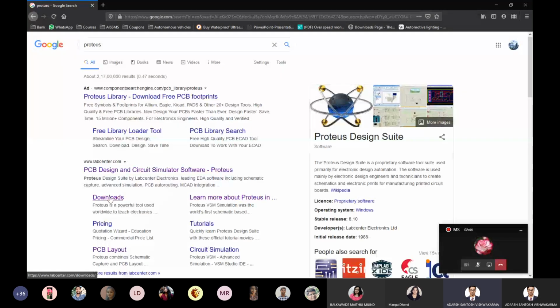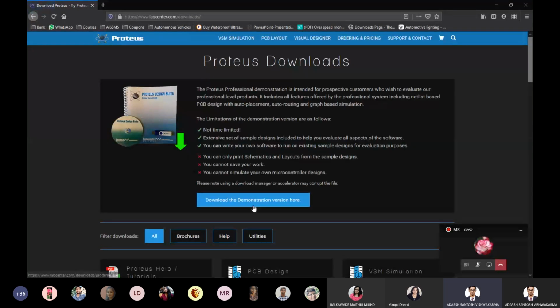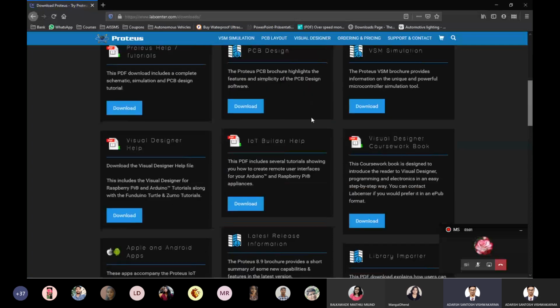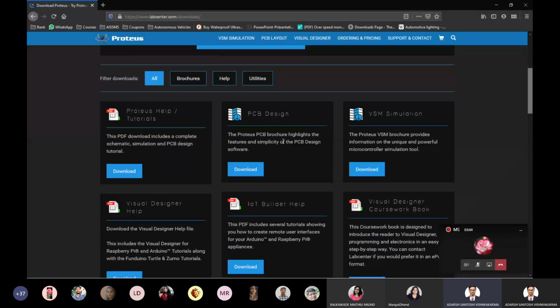I'll browse you all through the website. It can be downloaded from the website www.labcenter.com and you can directly click on the downloads link. And the demonstration version can be easily downloaded from this website. And various brochures are available for guidelines, and different components of the software can be downloaded, and it can be run easily on any Windows machine.